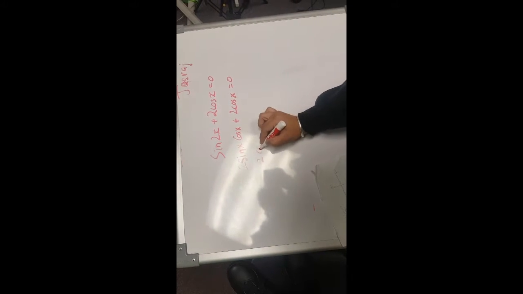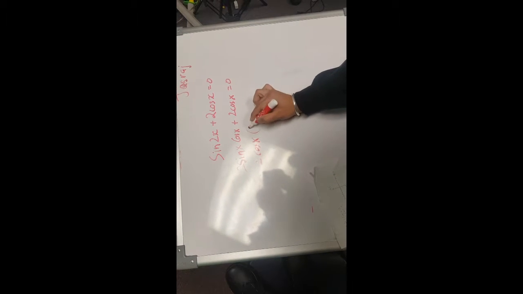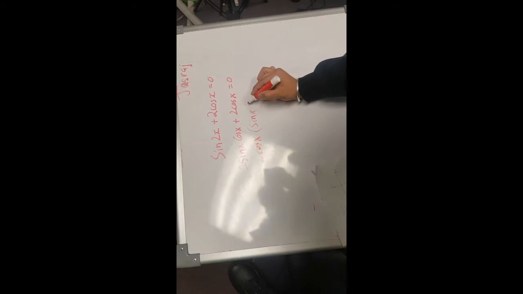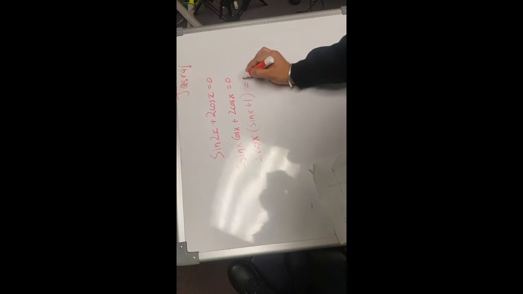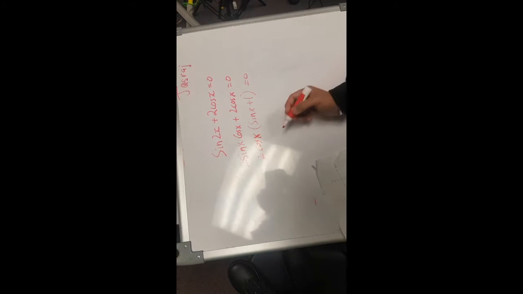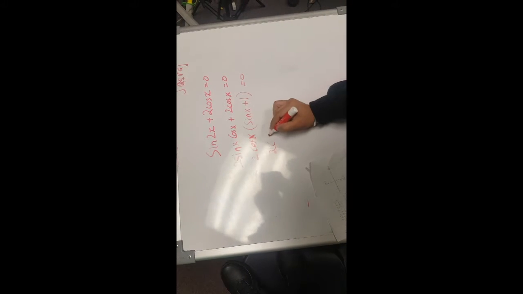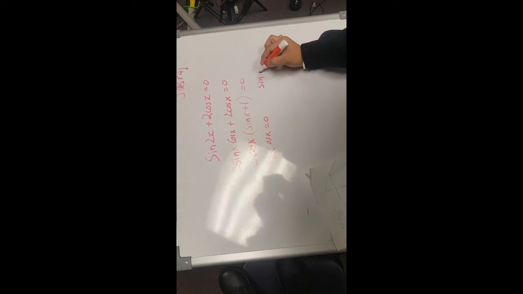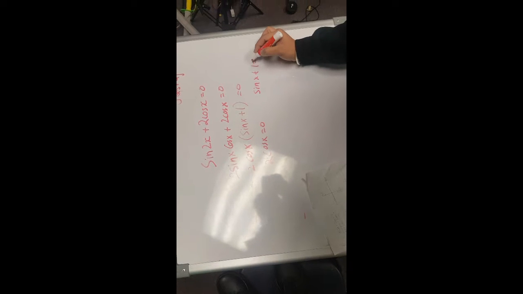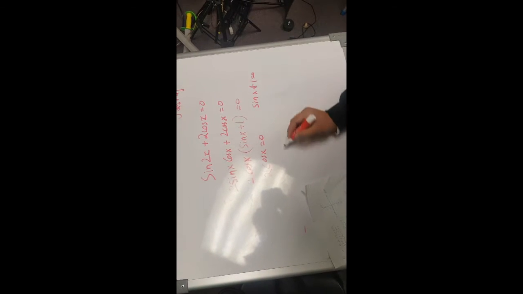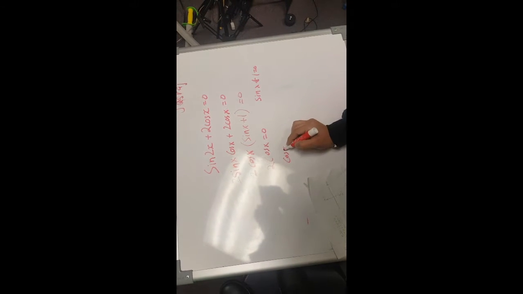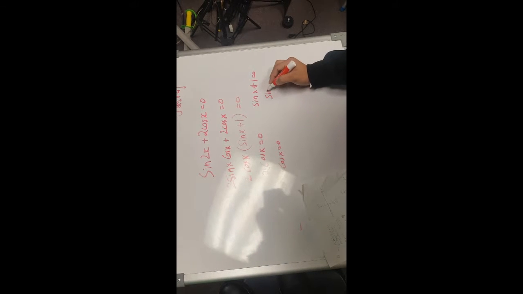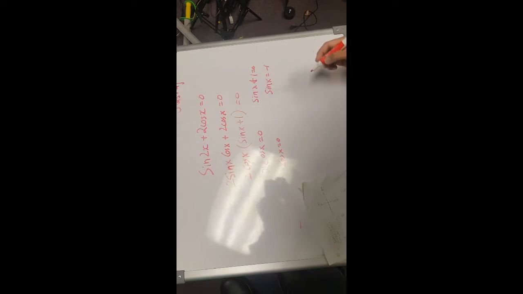So we'll take 2 cosine x times sine x plus 1 equals 0. So 2 cosine x equals 0, and sine x plus 1 equals 0. So cosine x equals 0 and sine x is equal to -1.